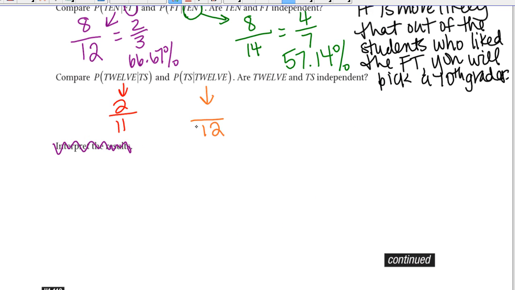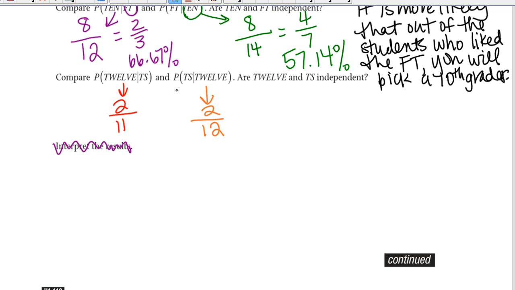Out of those 12 12th graders, 2 of them liked the talent show. Okay, so it looks close, but remember you're pulling a 2 from 2 different areas, or you're talking about 2 different things. So 2 out of 11 is the probability that out of the talent show people, you will get a 12th grader, excuse me. And the second one is out of all the 12th graders, that's the probability that you're going to get somebody who liked the talent show.